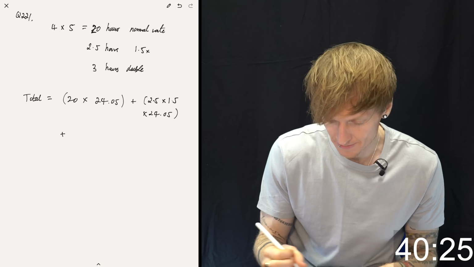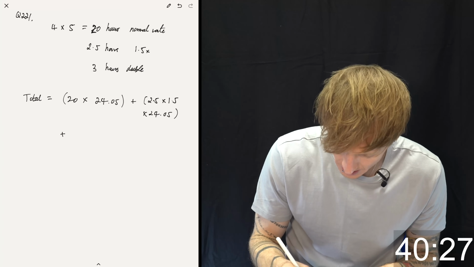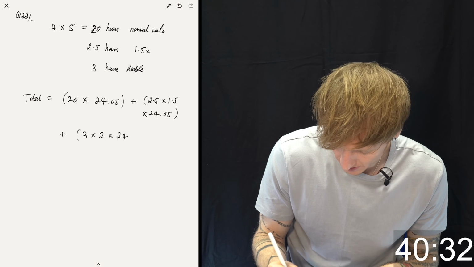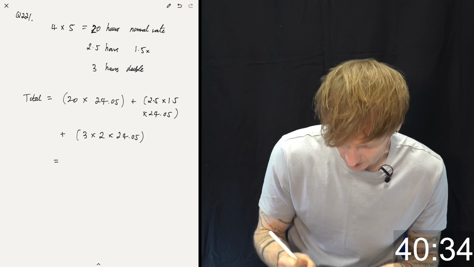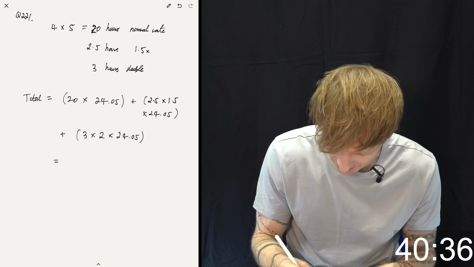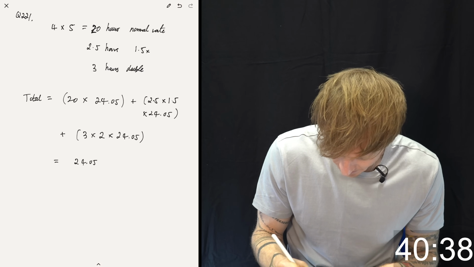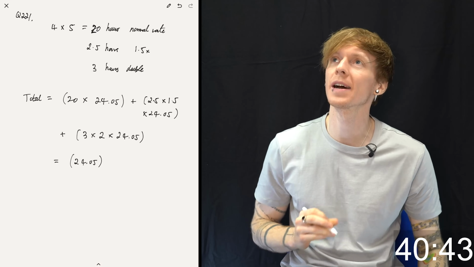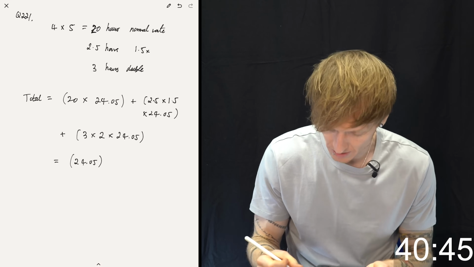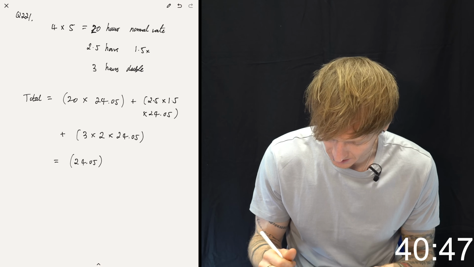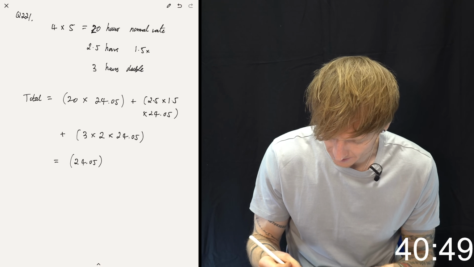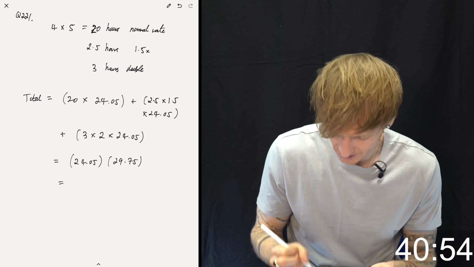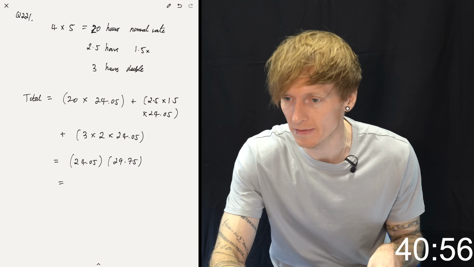And then for Sunday, double rate, so 3 hours times 2 for double rate times 24.05. So it's some amount of 24.05, and we've got 20 of them. 2.5 times 1.5 is 3.75, and then another 6, 9.75. So it's 20 times 29.75.